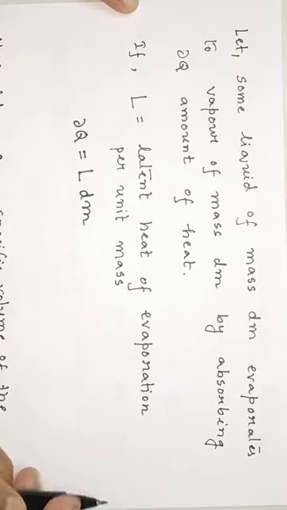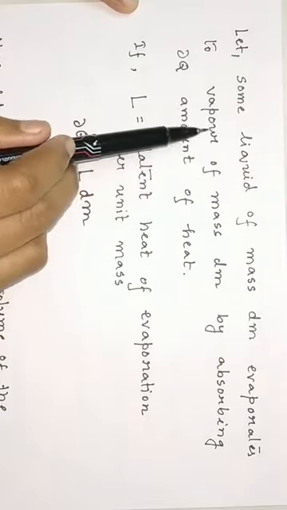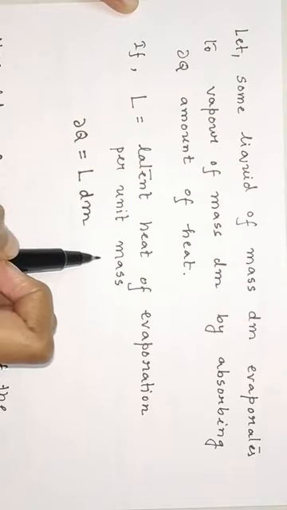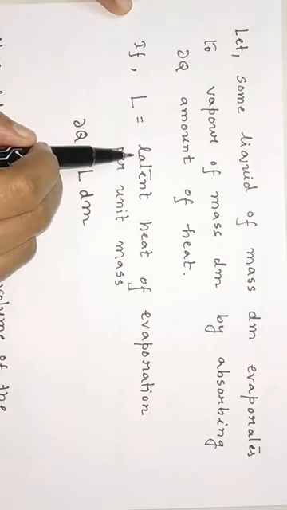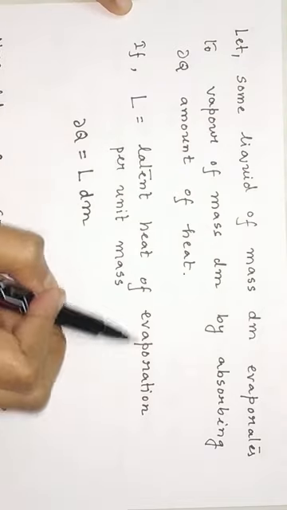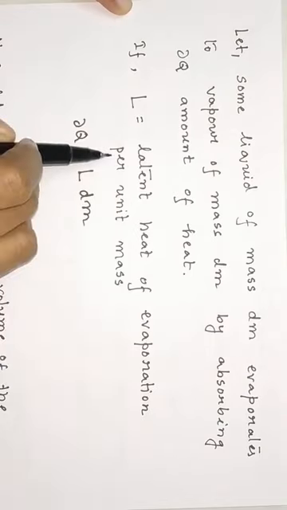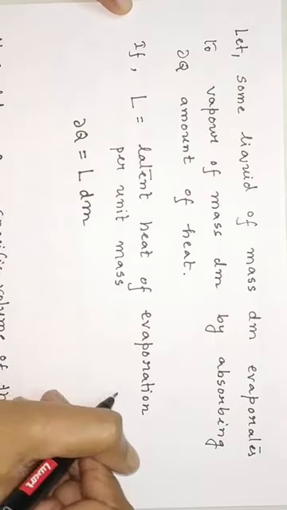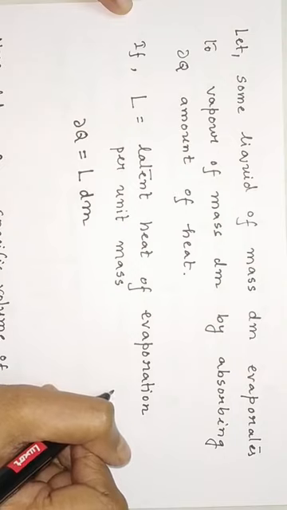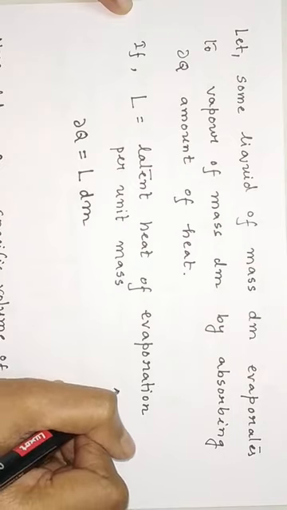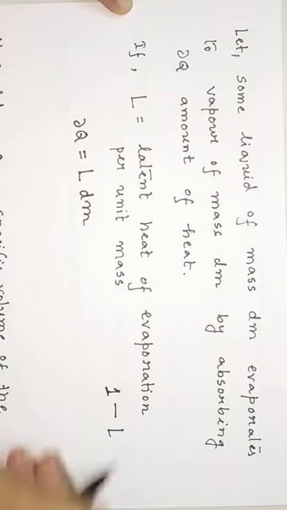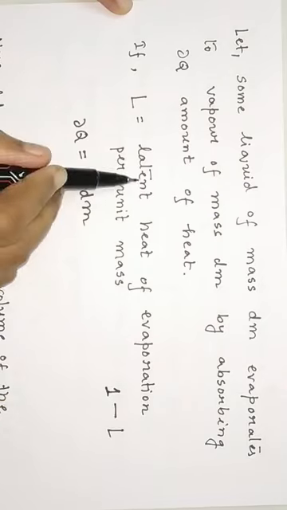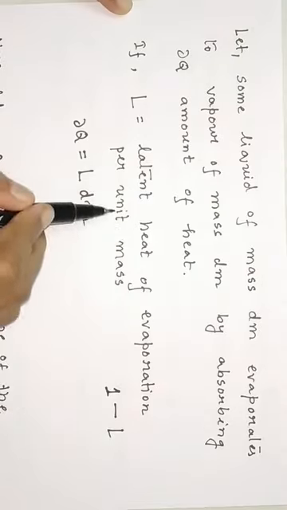As this denotes the conversion of liquid to vapor, a phase transition, the amount of heat absorbed during this process will be the latent heat, and it will be the latent heat of evaporation per unit mass. So the heat absorbed by unit mass of liquid to convert to vapor is L, because L is the latent heat of evaporation per unit mass.